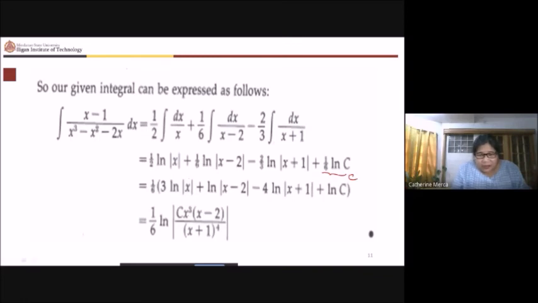Okay? But, because you put your ln here outside, then you can have c, which is for your c, x cubed, x minus 2, which is this. So, pag addition, di ba? It's multiplication sa ln. And then minus, so pag minus 4 ln of x plus 1, you have your 4 there is the exponent here. That's what that was even in here. Okay? So, this one is the simplified form, but the other one is acceptable already as an answer.